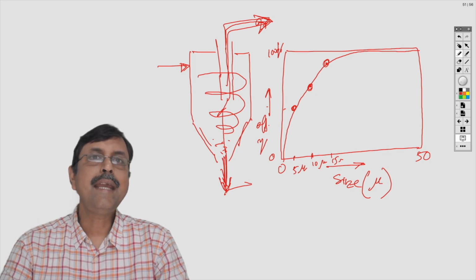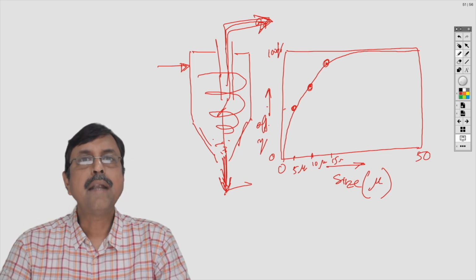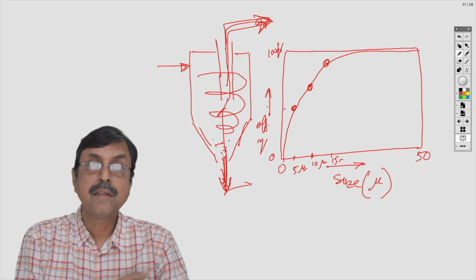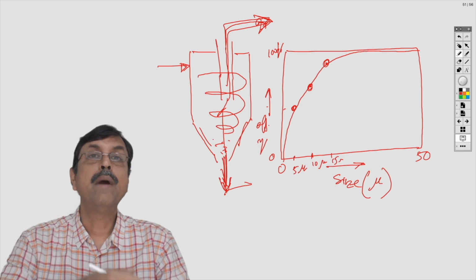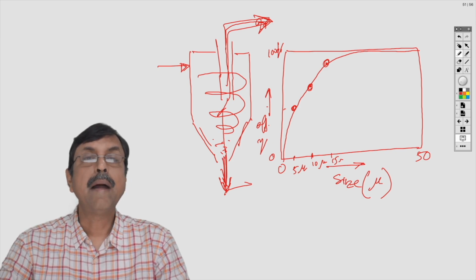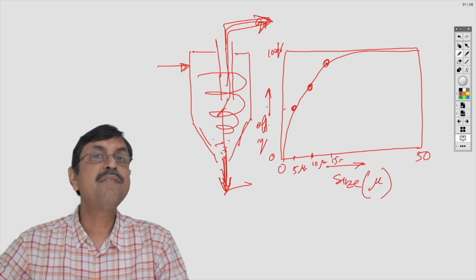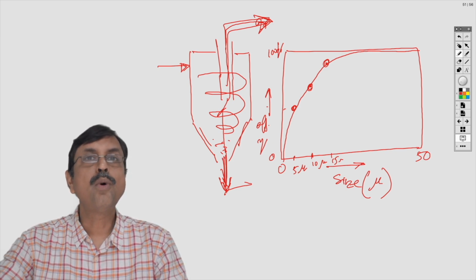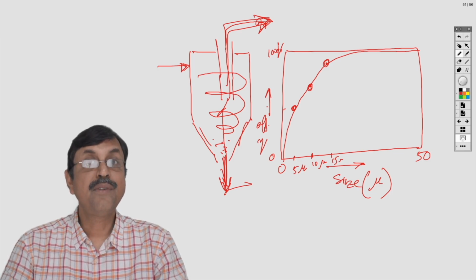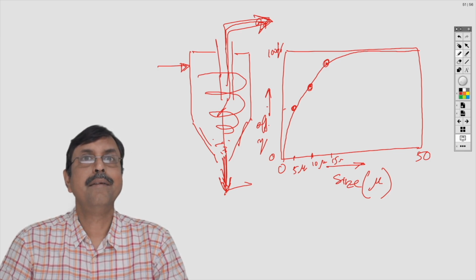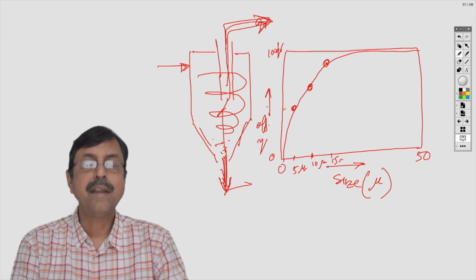So for any unknown particle range, if we perform the same experiment with that particular cyclone, what will be the percentage of particulate matter having size 12 micron and above that will go through the bottom product? If we have that kind of question in mind, then we know where it is.